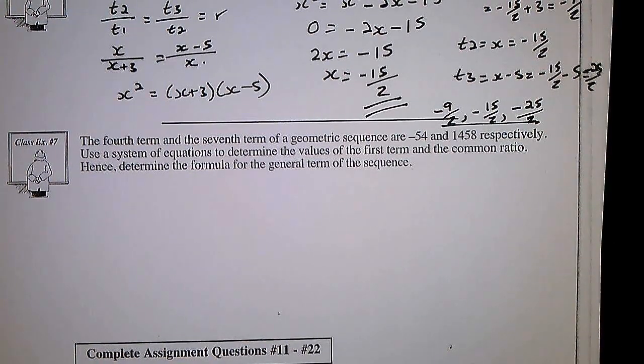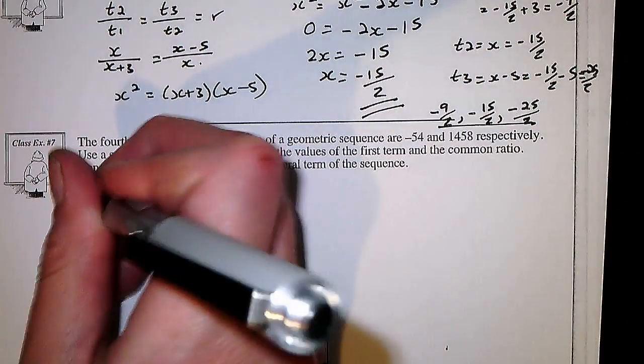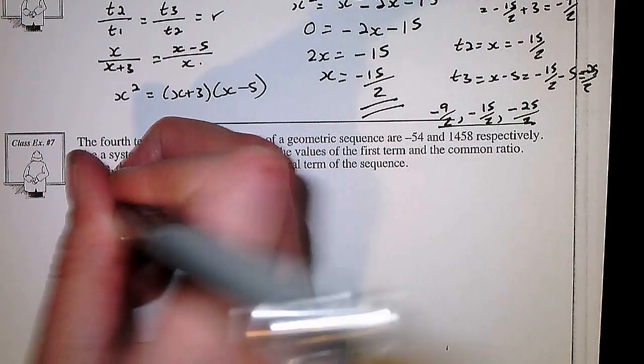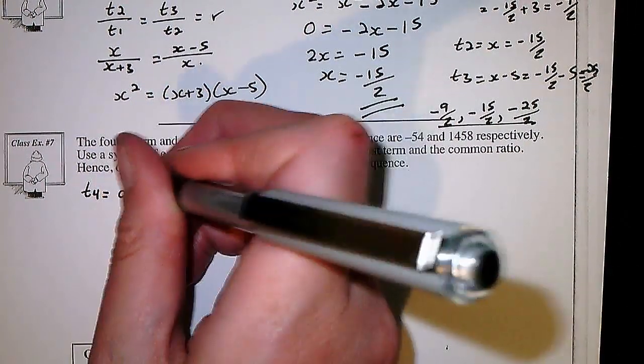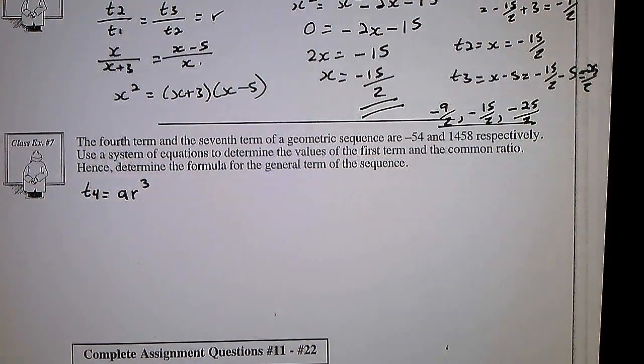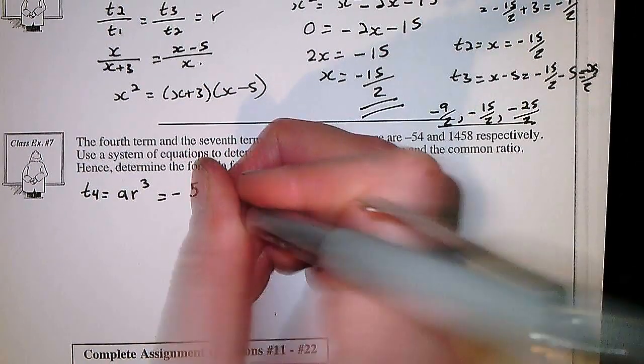So I'm going to start out by making a couple of assumptions. I'm going to start out by subbing in information about term 4 and term 7. So term 4 is equal to a r to the 3, and it's equal to negative 54.